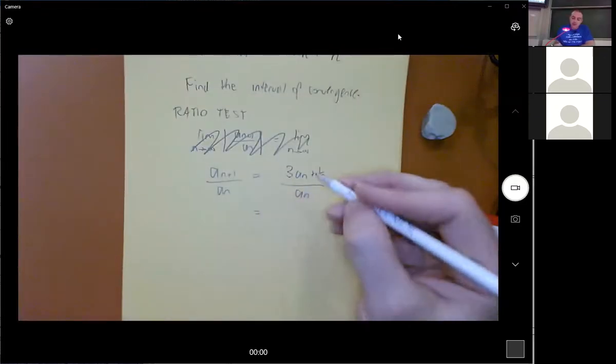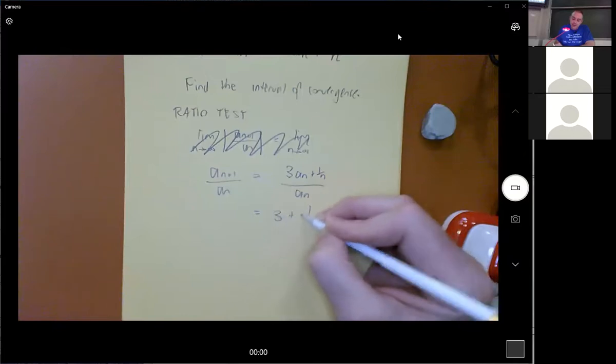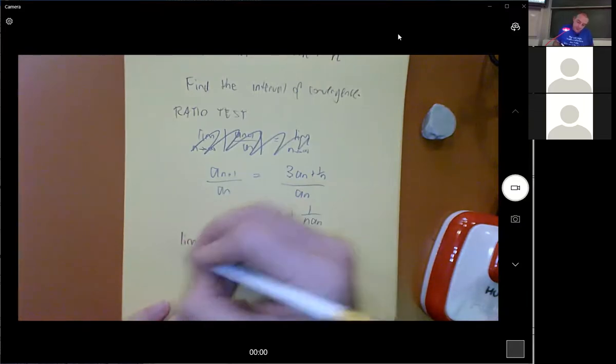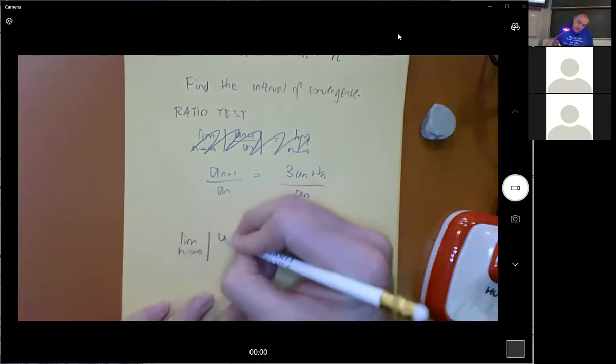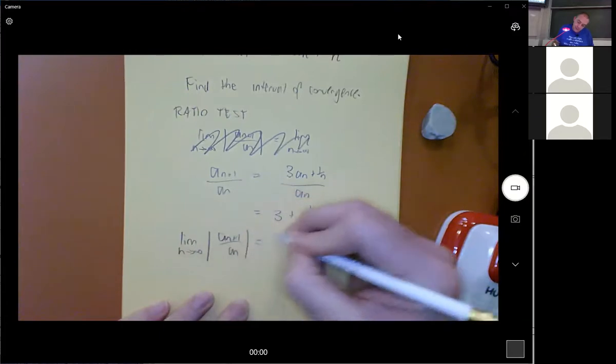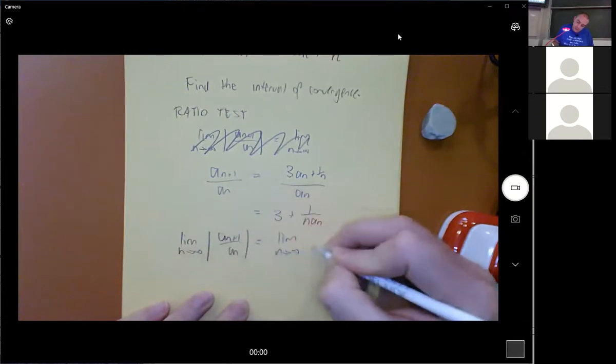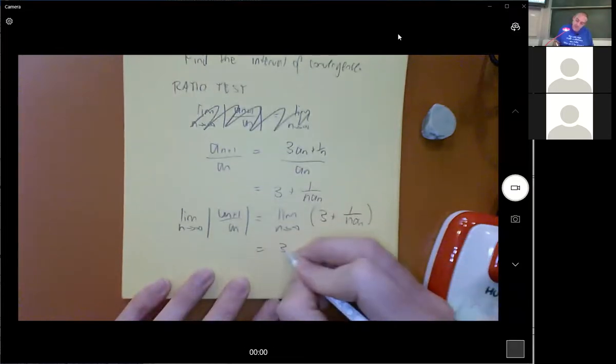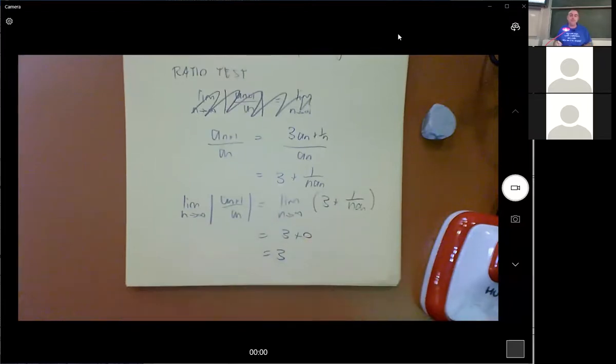And now, if I divide everything by an, I'll get 3 plus 1 over n times an. So as long as an is increasing, this limit will be 0. So the limit as n goes to infinity of the absolute value of an plus 1 over an is the limit of 3 plus 1 over n times an, which is 3 plus 0, which is 3.